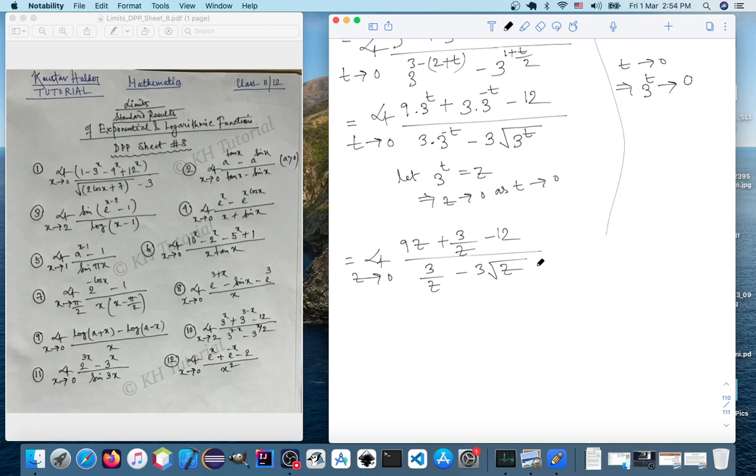Root z. 9z square minus 12z plus 3, okay, we can cancel out the 3 common from both the numerator and the denominator, and we get 3z square minus 4z plus 1 over 1 minus z root z.